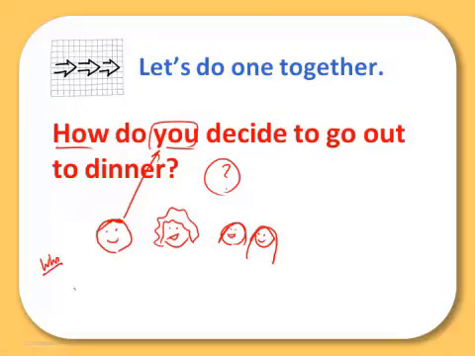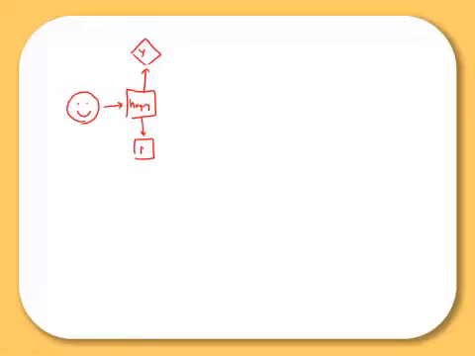Who? And what? Well, we certainly want some food. We've already decided, here's me. Am I hungry? Yes, or possibly no. If no, my decision is not to go out to eat.